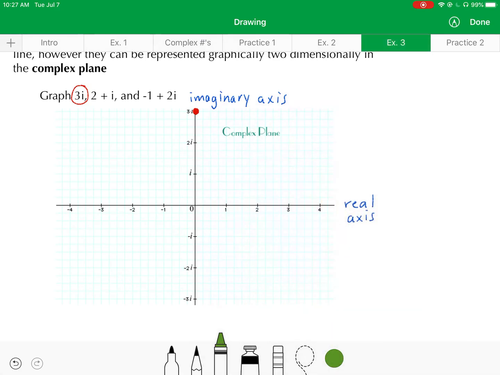How about 2 plus i? Well, it has a real piece of 2, so from the origin you're going to go 2 units right on that real axis. And then the imaginary piece is 1i, so you're going to move 1 unit up. It's like you're plotting the point (2, 1) if you were in the coordinate plane.